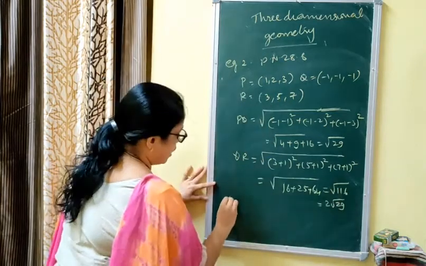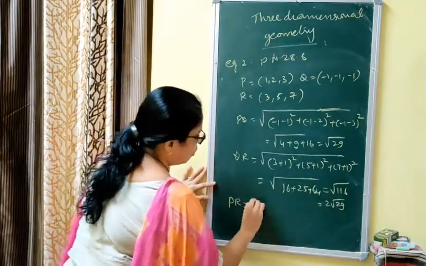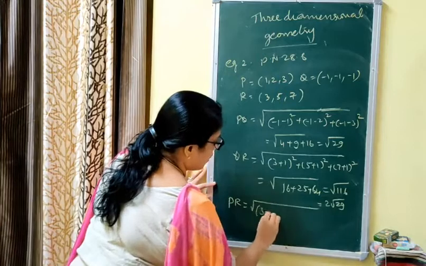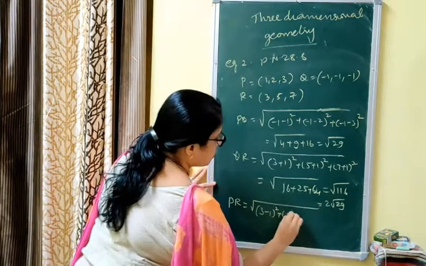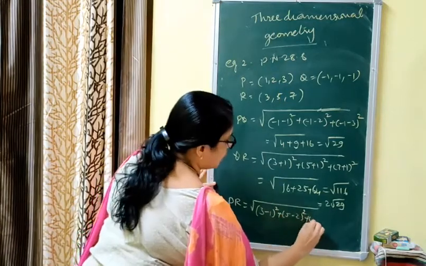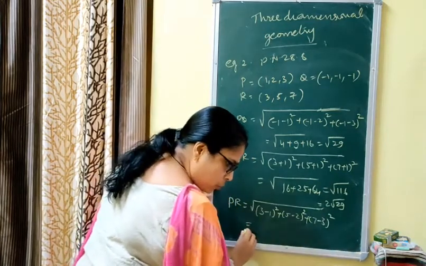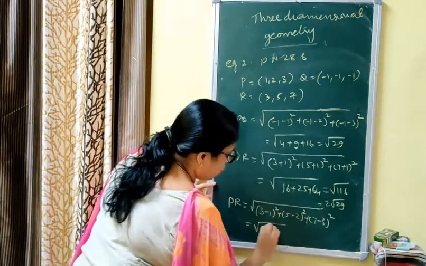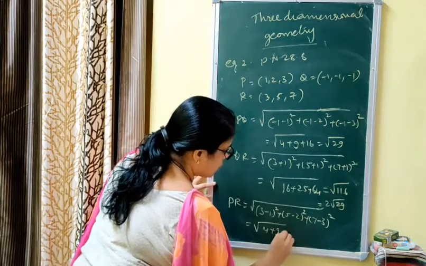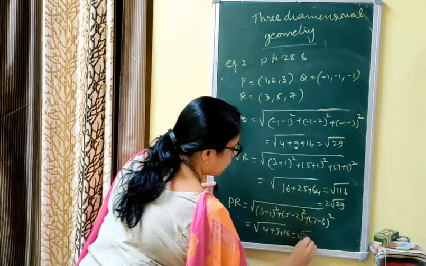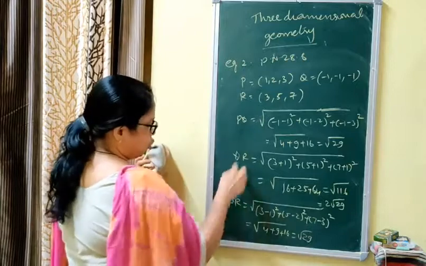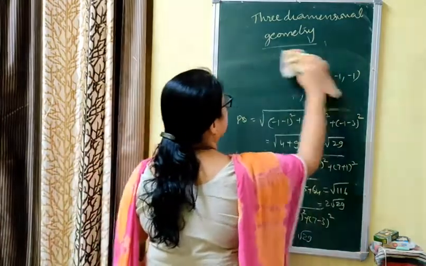Now the third is PR. PR is equal to the square root of (3 minus 1) whole square plus (5 minus 2) whole square plus (7 minus 3) whole square. If you find this value, you get 4 plus 9 plus 16, that is root 29. Now see, PQ plus PR is what?